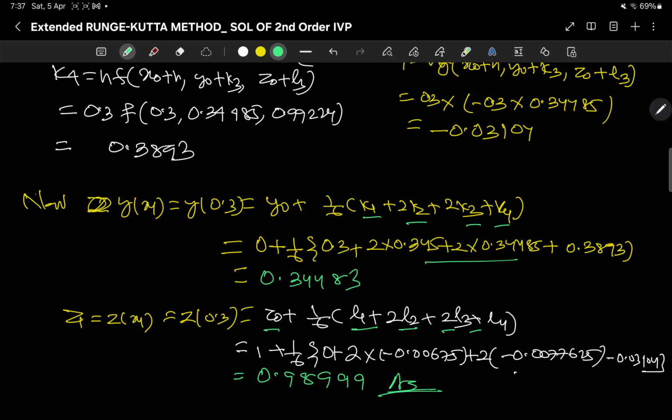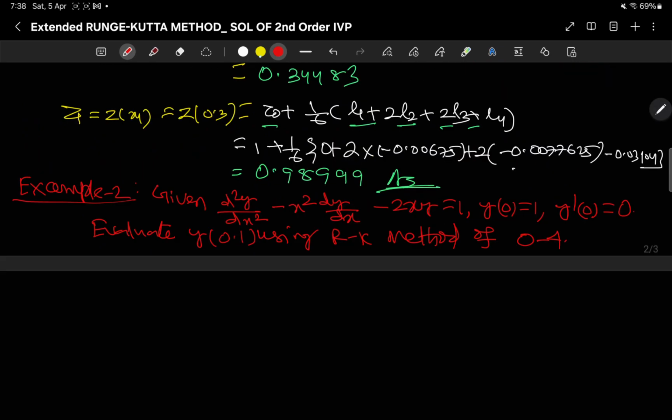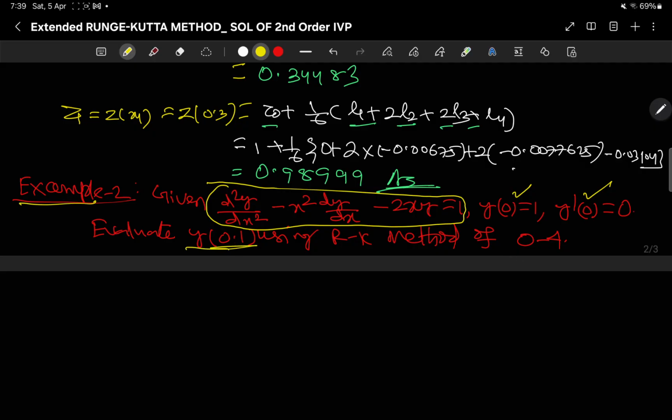Okay, so let us solve one more example for second order differential equation. Now coming to example 2, we are given a second order differential equation, d square y by dx square minus x square dy by dx minus 2xy is equal to 1 with initial conditions. We have to find y of 0.1 using RK method of order 4.